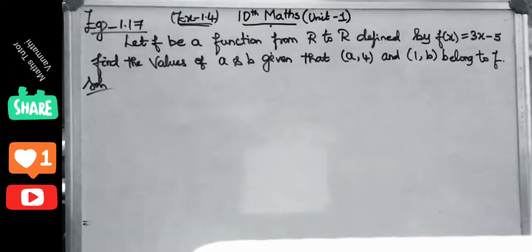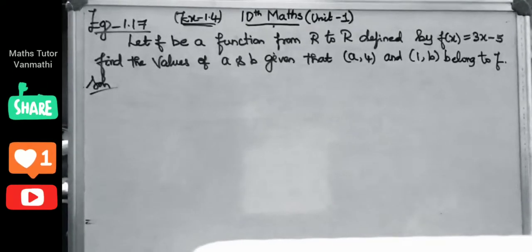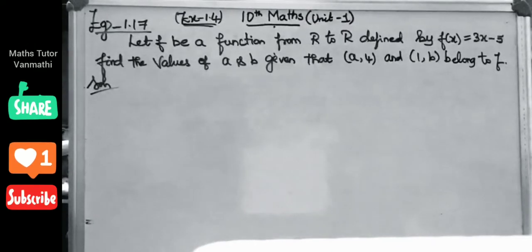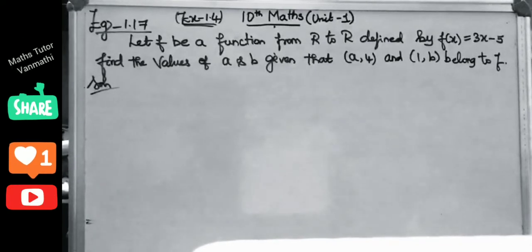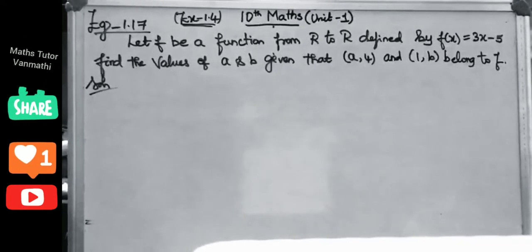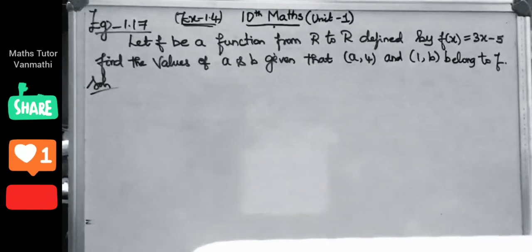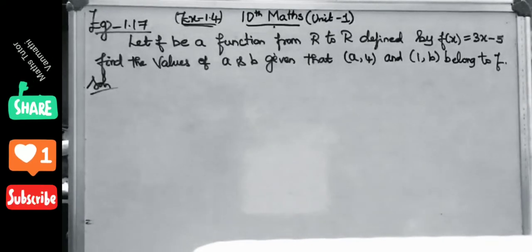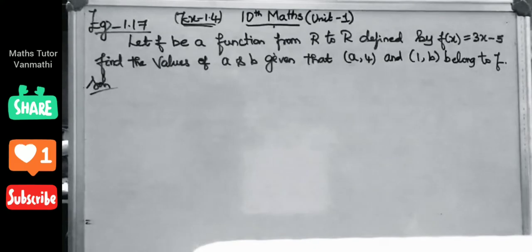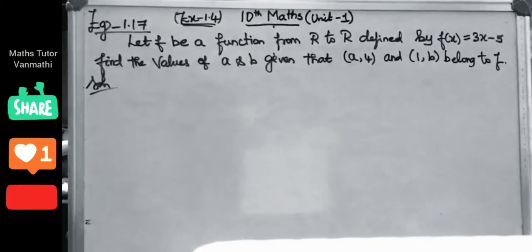Next is your example 1.17. Let f be a function from R to R defined by f(x) equal to 3x minus 5. Find the values of a and b, given that (a, 4) and (1, b) belong to f.